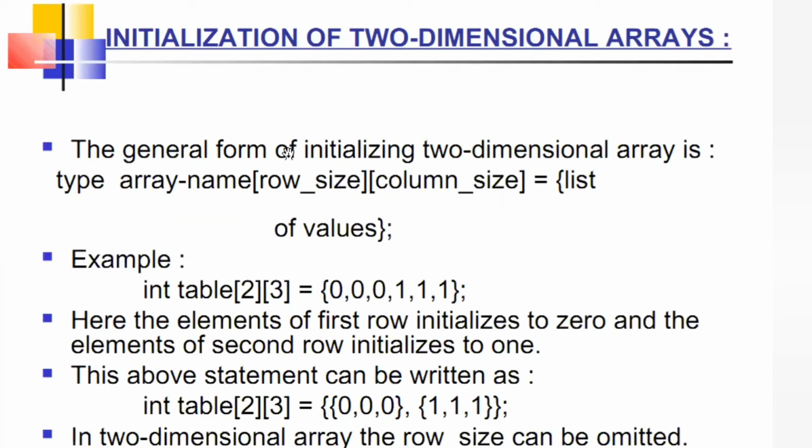The above statement can be written as {{0, 0, 0}, {1, 1, 1}}. In a two-dimensional array the row size can be omitted.